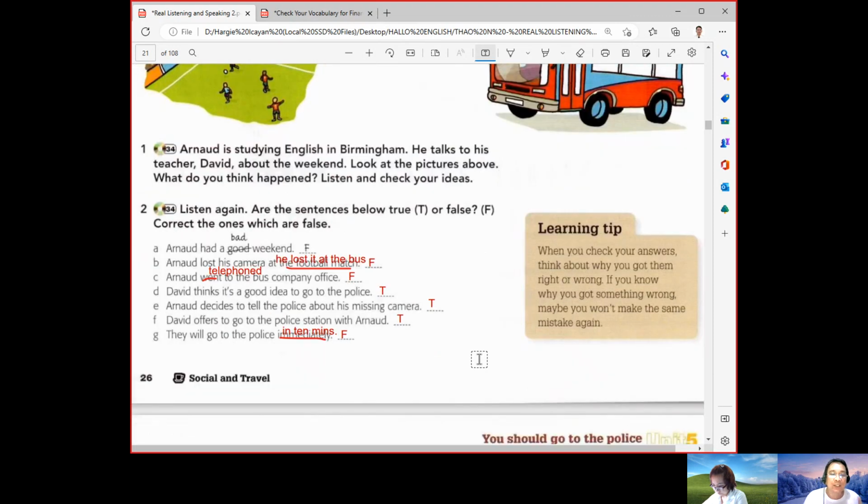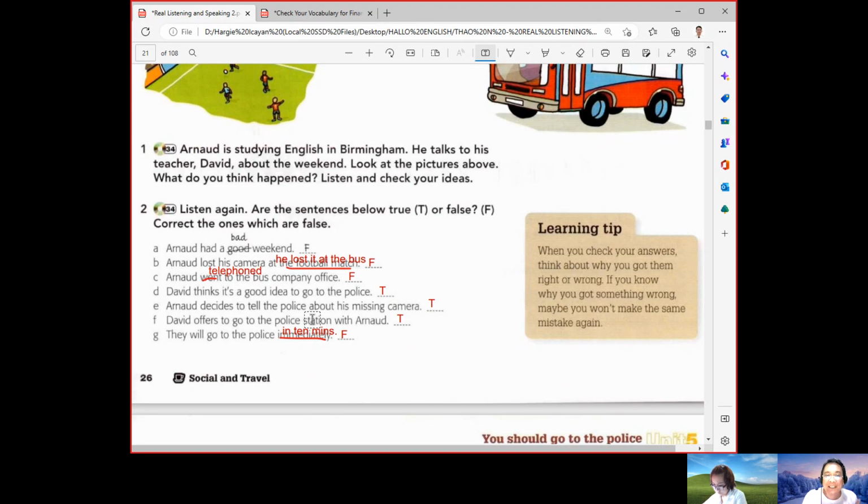Because the purpose of listening is to sharpen our mind with the words in here.